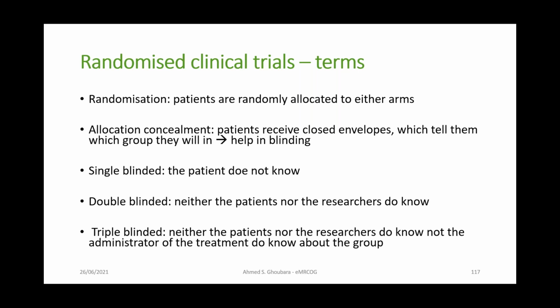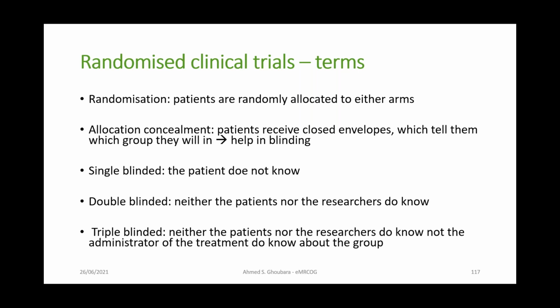Double blinded, neither the patients nor the researchers know. So if I'm the investigator assessing the patients for blood pressure or so, I don't know which one they took. Triple blinded.